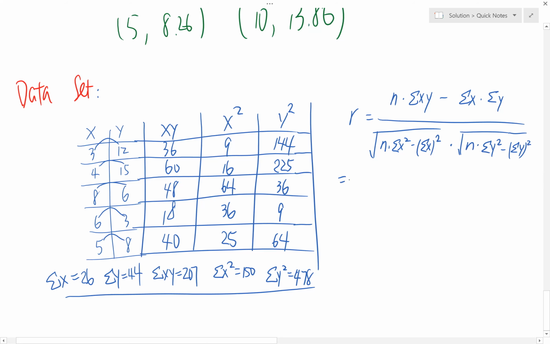Now let's plug in the numbers. Again, we have 5 ordered pairs, so n is 5. Summation xy is right here, 207.